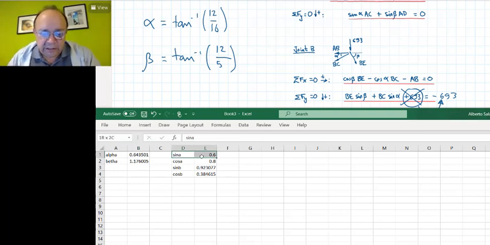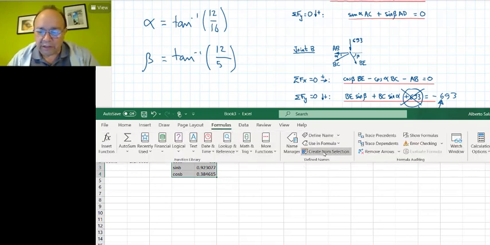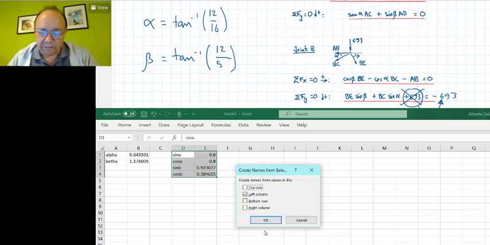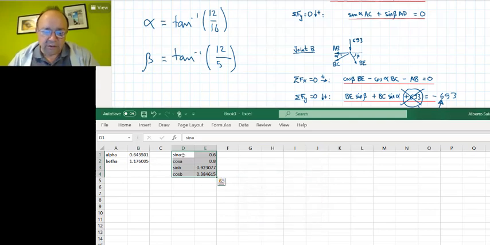So now I'm going to create these variables here, sine A, cosine A, sine B, cosine B, in order to work with names, not with the references D1, D2, D3, which is much more confusing. So I create the names, create from selection, left column. Now I can refer to those as sine A, cosine A.